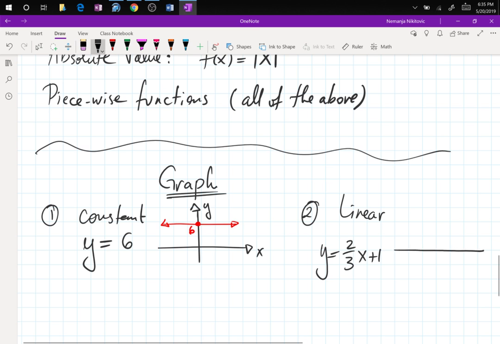Well, a line going up, starting at 1. Excellent. And for every 3 to the right, it's going to come up 2. Yes, so we go 2 units up, 3 units over. We're going to end up at 3, 3. So y equals 2/3 x plus 1.